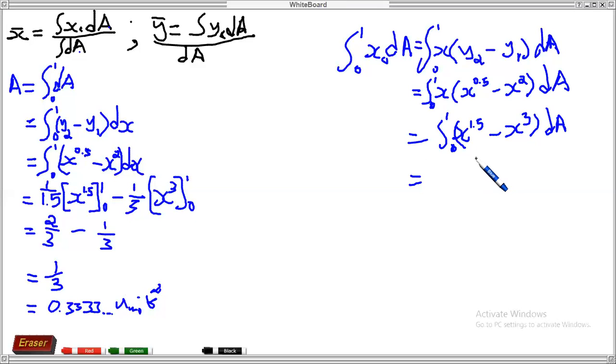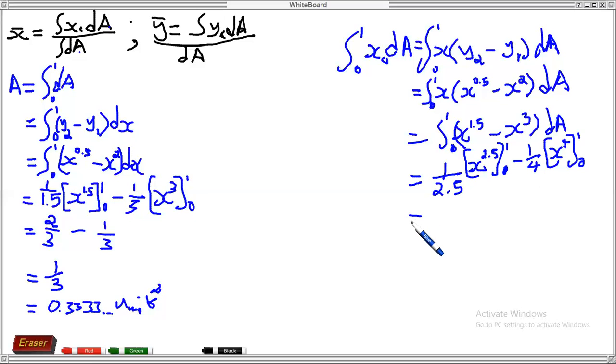We should be able to find that this will become something like 1 over 2.5, just add 1, then x to the power 2.5, minus 1 over 4, x to the power 4, from 0 to 1. 2.5 is like 5 over 2.